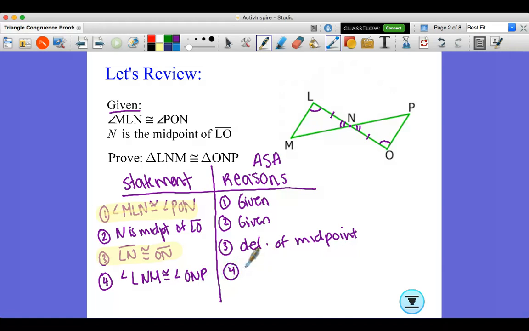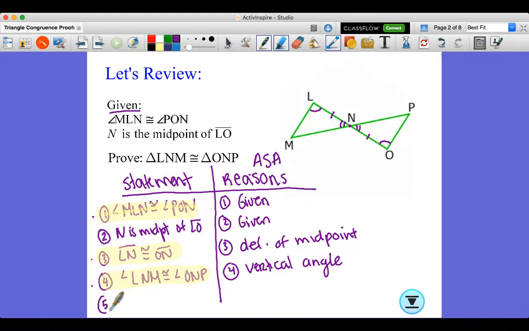And what were those? Vertical angles. That's the definition of vertical angles. By definition, all vertical angles are congruent. Now I highlight that one too. So why am I highlighting these? Well, these are my 3 pieces of information that I need to make a conclusion, right?